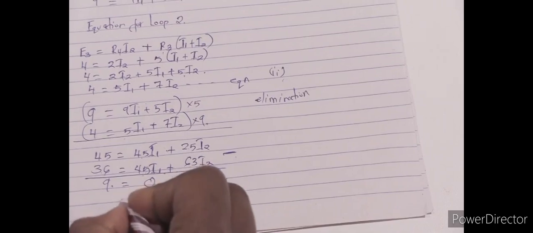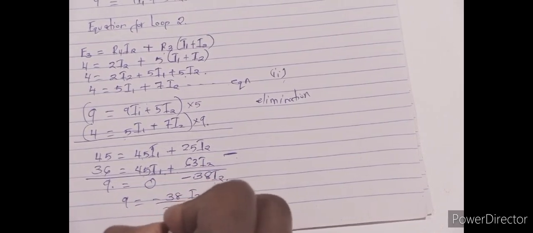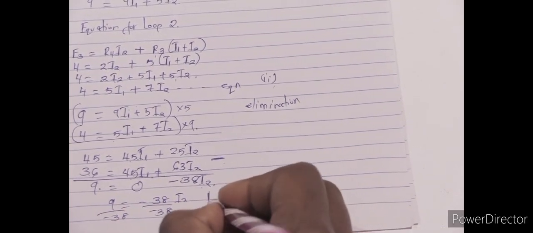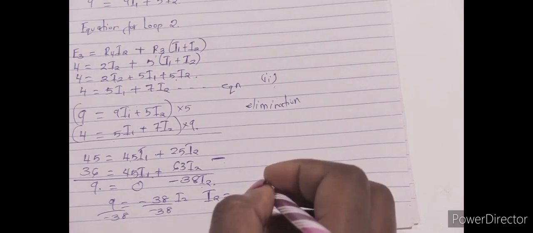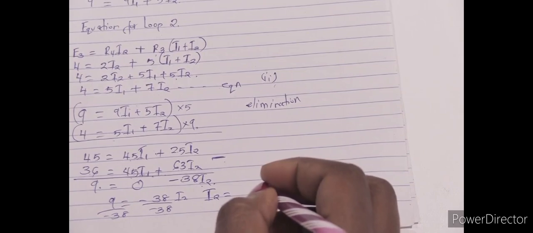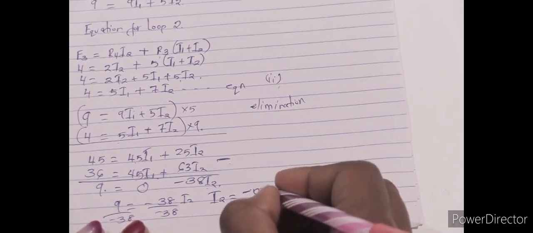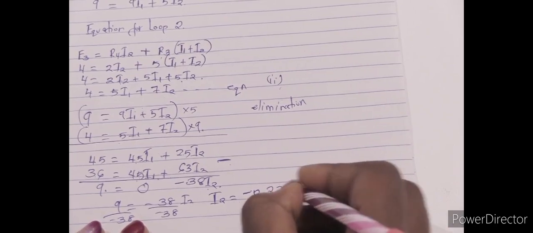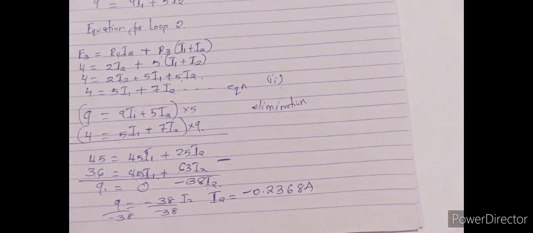You solve for I2. So we have 9 is equal to minus 38 I2. Dividing by minus 38 on both sides, we get I2 is equal to negative 0.2368 amperes.